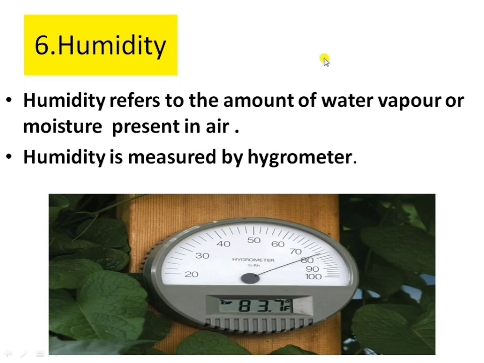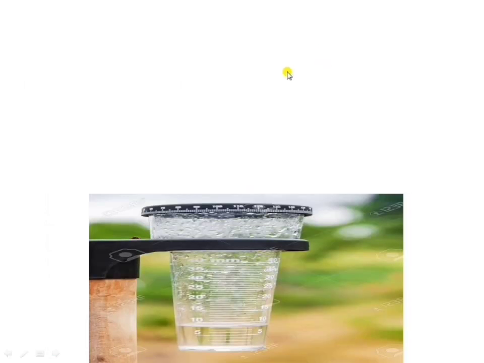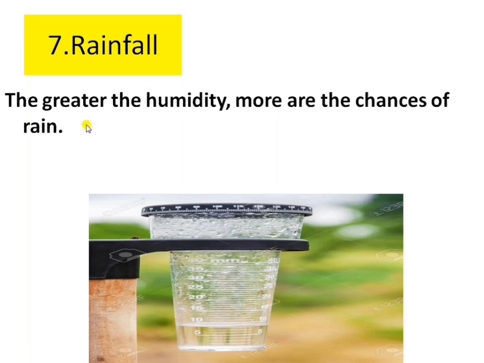Okay. Next, moving on to the last topic, that is rainfall. Here the rainfall is measured by an instrument called a rain gauge. It consists of a measuring cylinder in which rainwater gets collected and its level is measured.